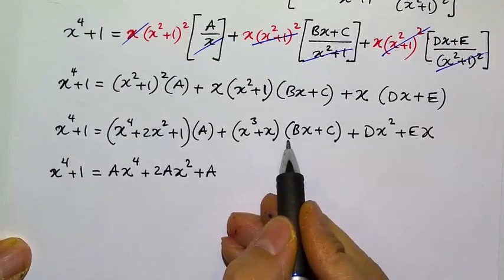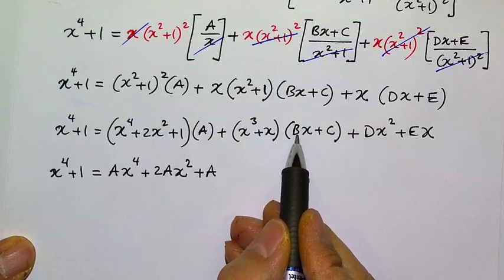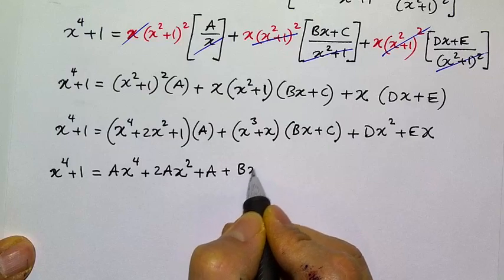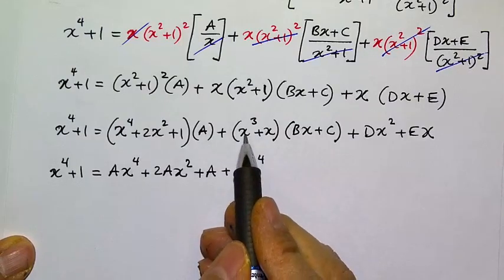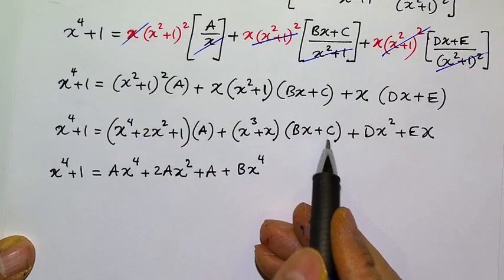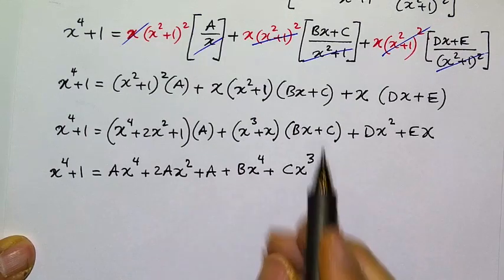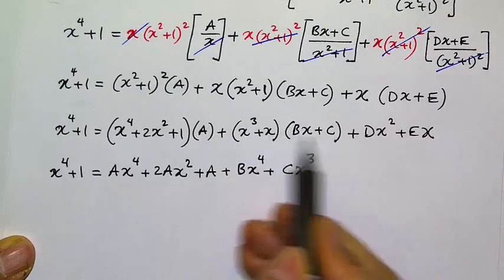Now let's FOIL this. So bx cubed times bx gives us bx to the 4th power. x cubed times c gives us c times x cubed. Now let's distribute this x into this parenthesis.